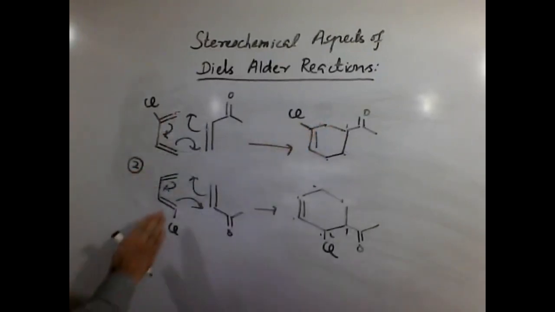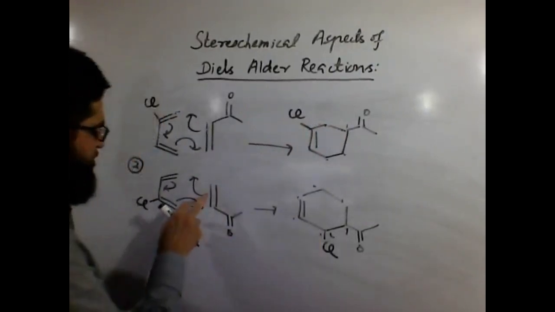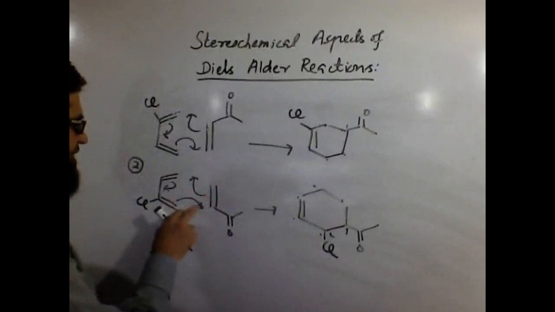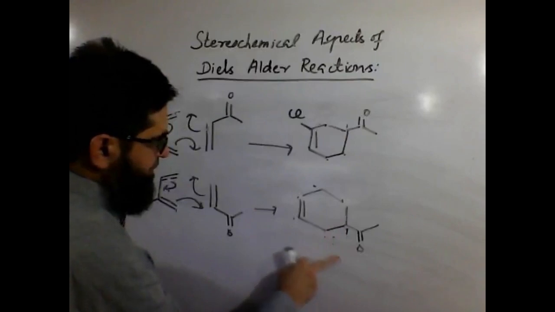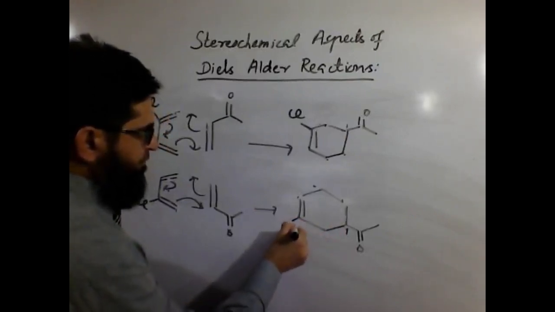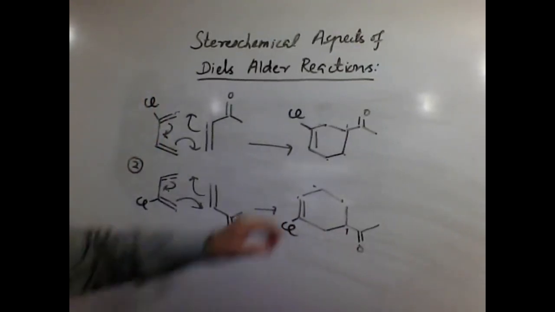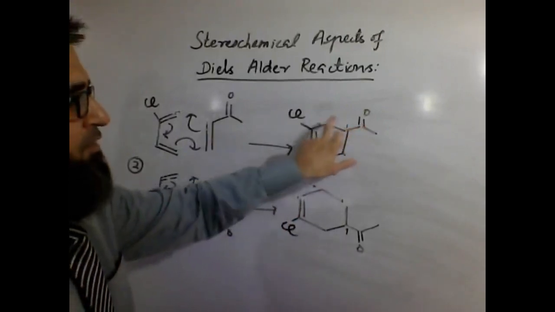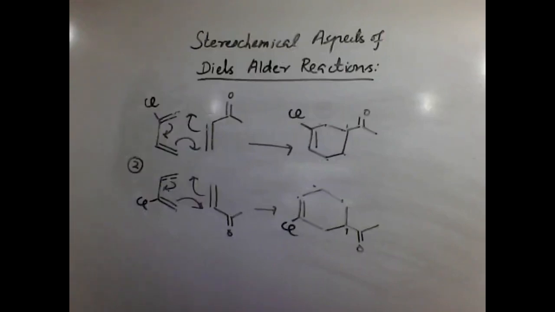Similarly, if it gets inverted, the bond moves from here to here, here to here, and then here, it gives you the product something like that. So this is how the two products are. Again, the products are the same, because carbon 1, 2, 3, 1, 2, 3 are supposed to be the same. However, what happens then?